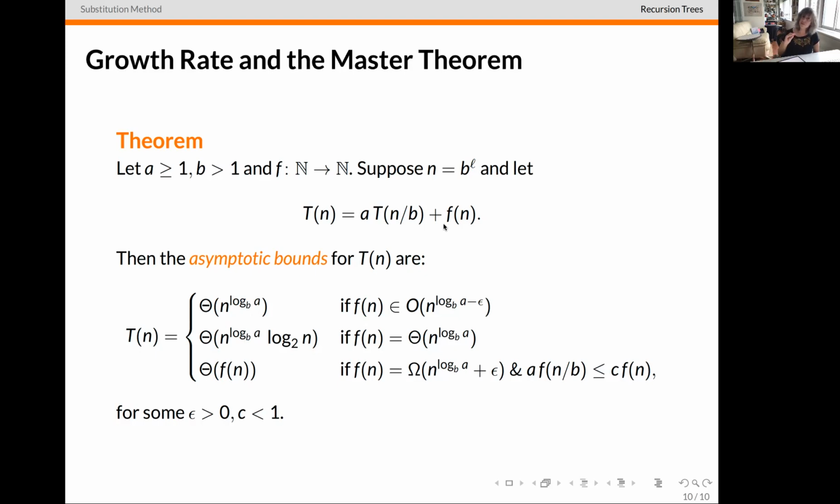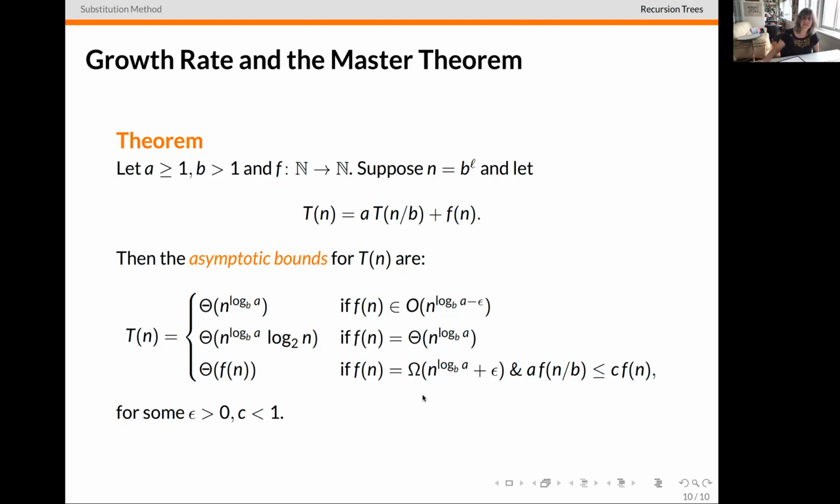And these different rates of growth are going to depend on how fast the work per level will grow. So if the work per level is growing at a rate which is bounded by n to the log base b of a, then the dominant term would be n to the log base b of a. If f of n is actually of that order, then we will have the other case.